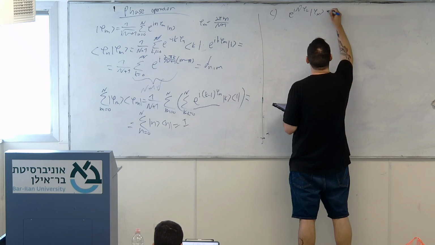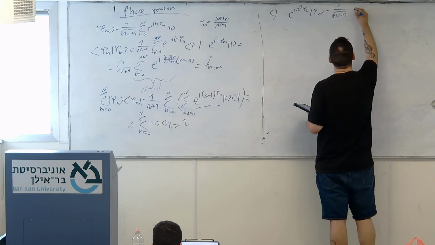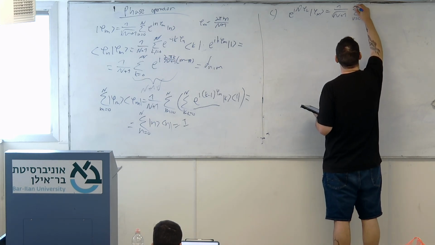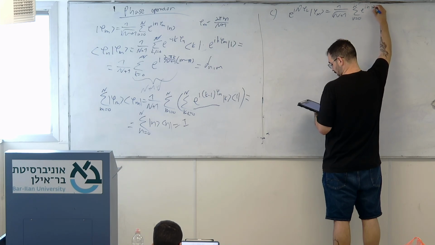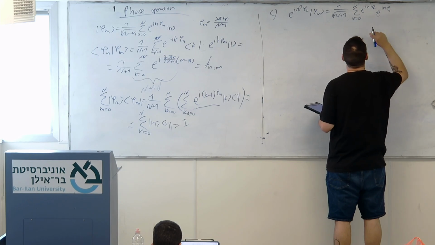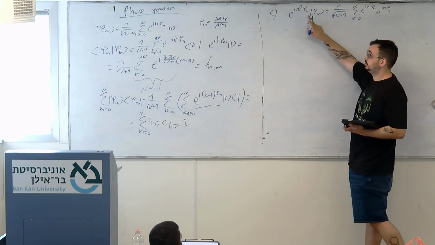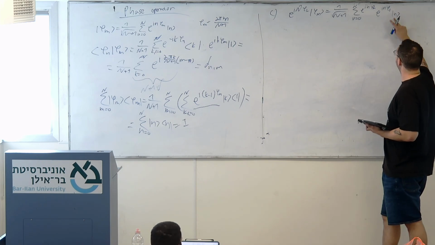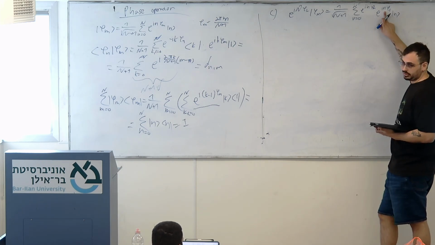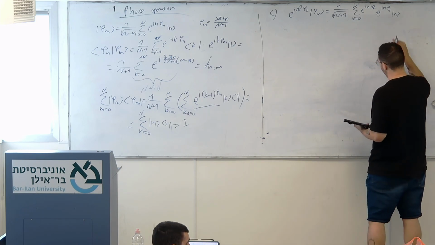So this will be equal to 1 over square root of n plus 1, sum n equals 0 to n, e to the i n phi_m, e to the i n n hat |n>. Remember that by operating the n in the exponent on the Fock state, you can just take the eigenvalue here because n hat is the eigenoperator on the mode n.